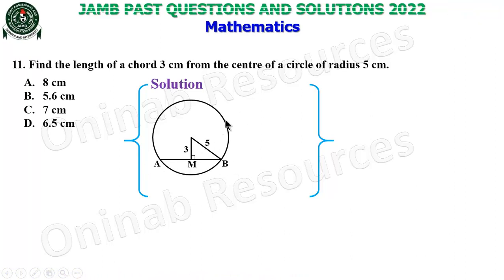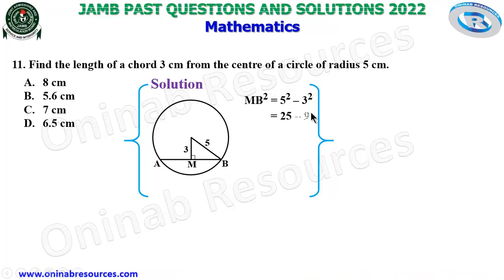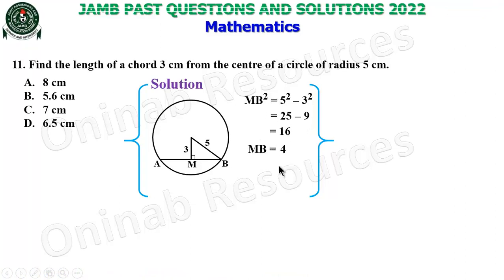So using Pythagoras theorem, since this is a right angle triangle, we have MB squared is equal to 5 squared minus 3 squared, since we are looking for the other side other than the hypotenuse. So this is 25 minus 9, giving us 16. MB is square root of 16, which gives 4.